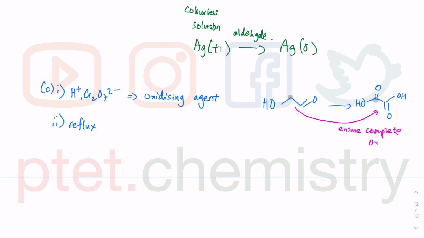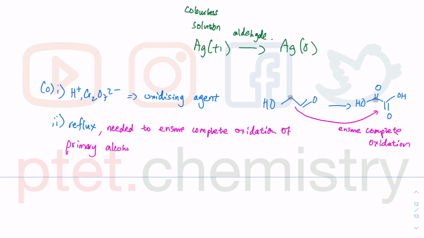You don't want to have partial oxidation, which you can get if you heat and distill immediately; you can stop at the aldehyde stage. So reflux, needed to ensure complete oxidation of primary alcohol, basically the hydroxy group, to carboxylic acid.